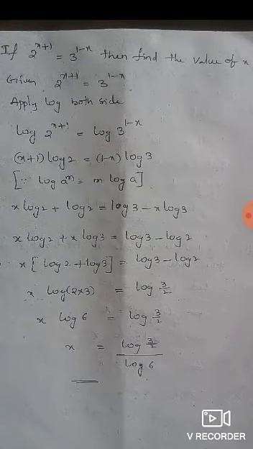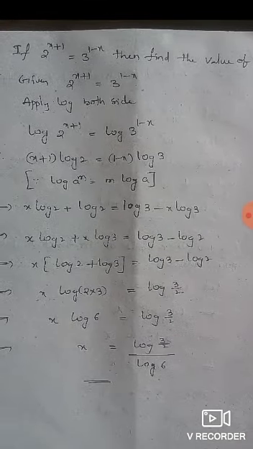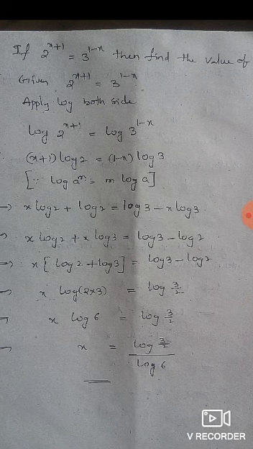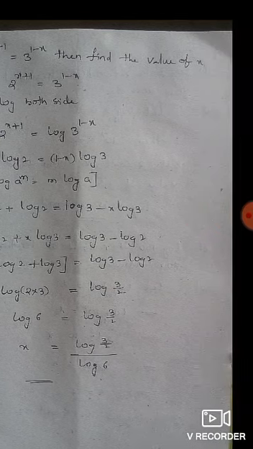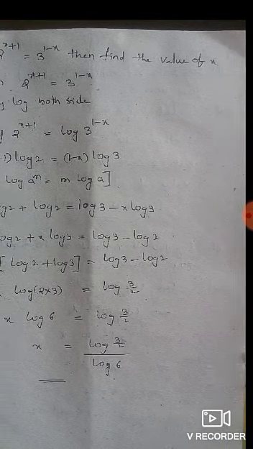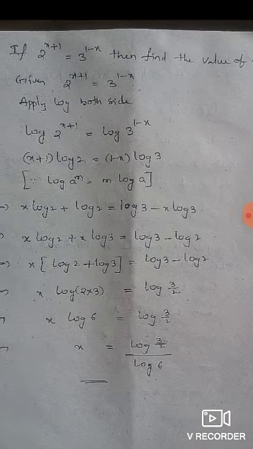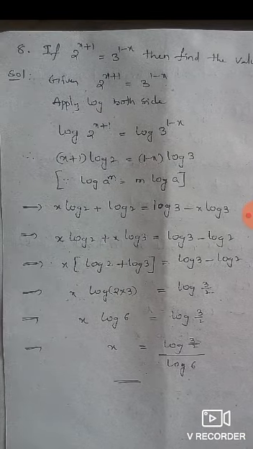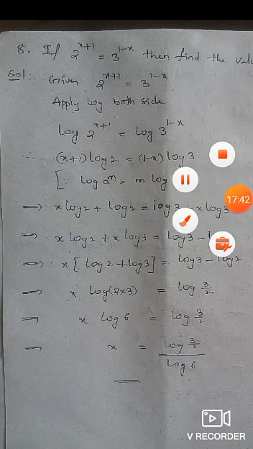To find x, here it is given that 2 power x plus 1 equals 3 power 1 minus x. That is the given condition, and by that condition we should solve for the value of x. So in the question only that statement is given, 2 power x plus 1 equals 3 power 1 minus x.